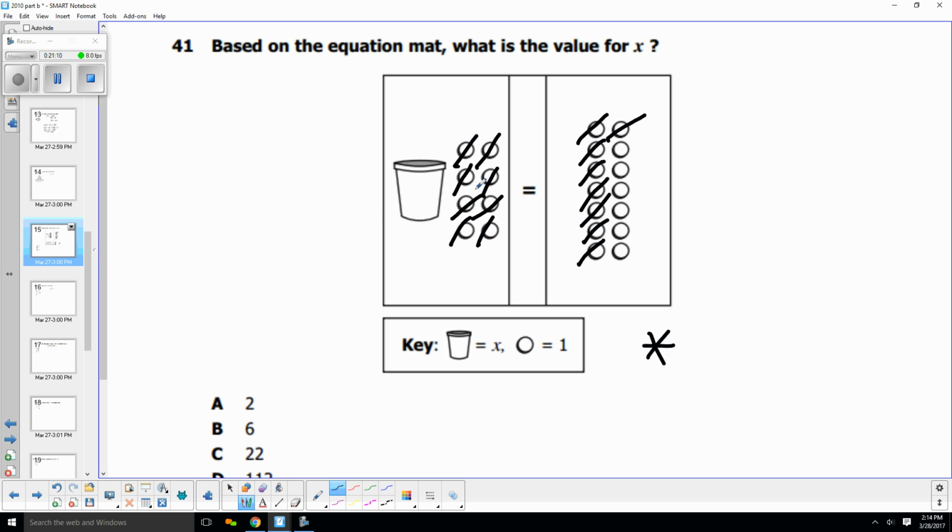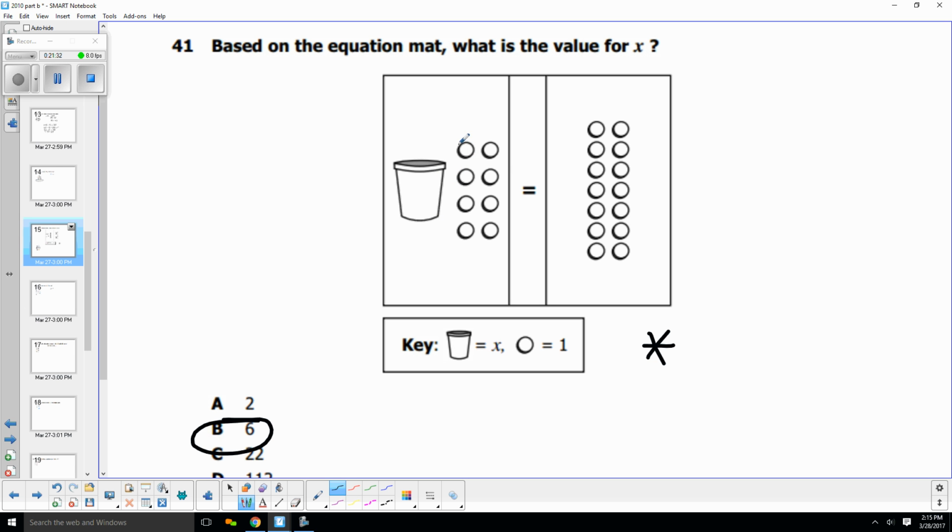Now your x is by itself, so therefore you can count up, and x would be equal to what? 6, which is B. Now, if you wanted to originally write your problem from your mat, you could.